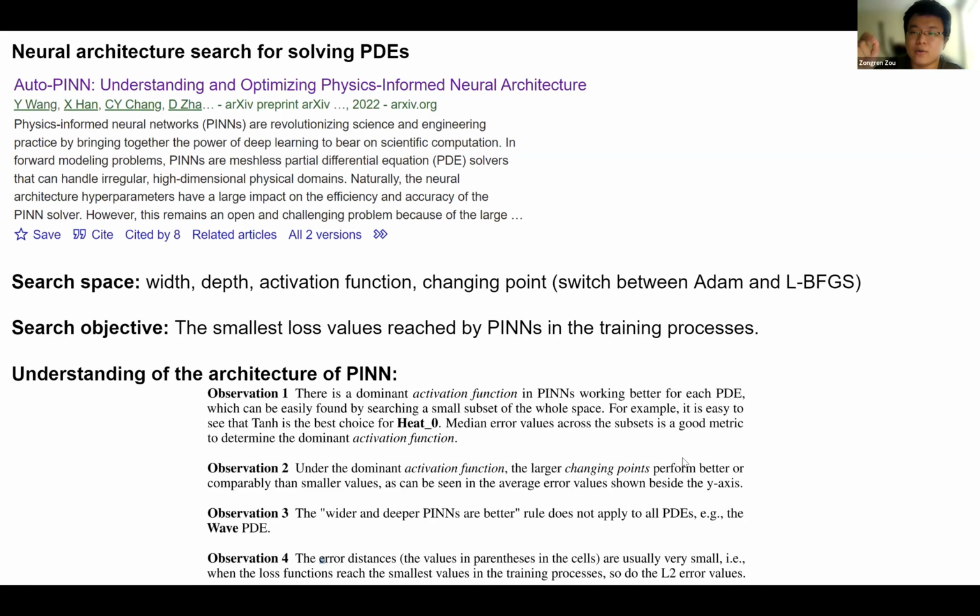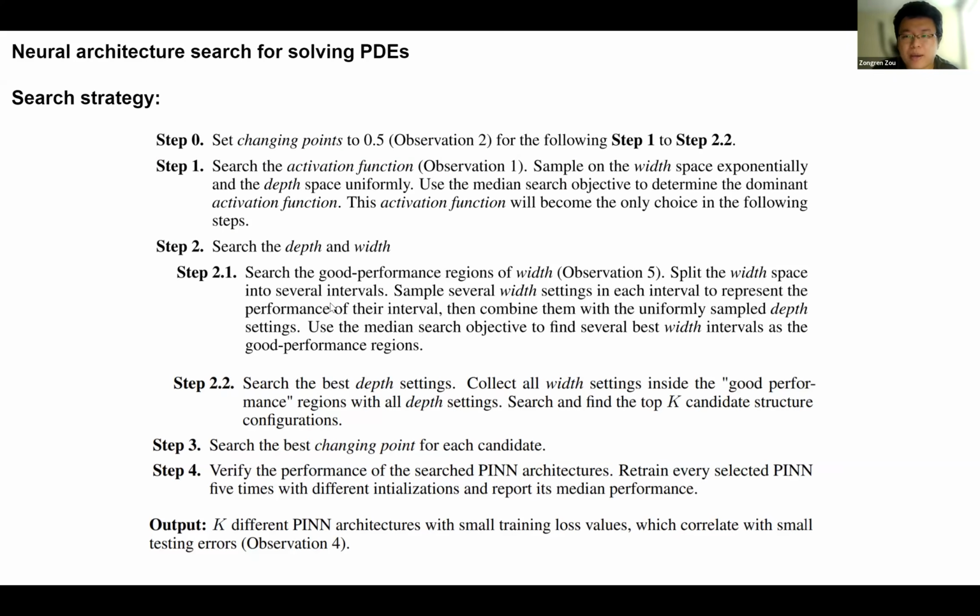So the later you switch to LBFGS, the better the result is. And observation 3, the wider and deeper, the better. I think there are 6 observations in the paper, and based on the observations, they come up with this search strategy. I don't think it's a neural architecture search. It's basically a strategy, a guideline on how to tune the hyperparameters of PINNs.